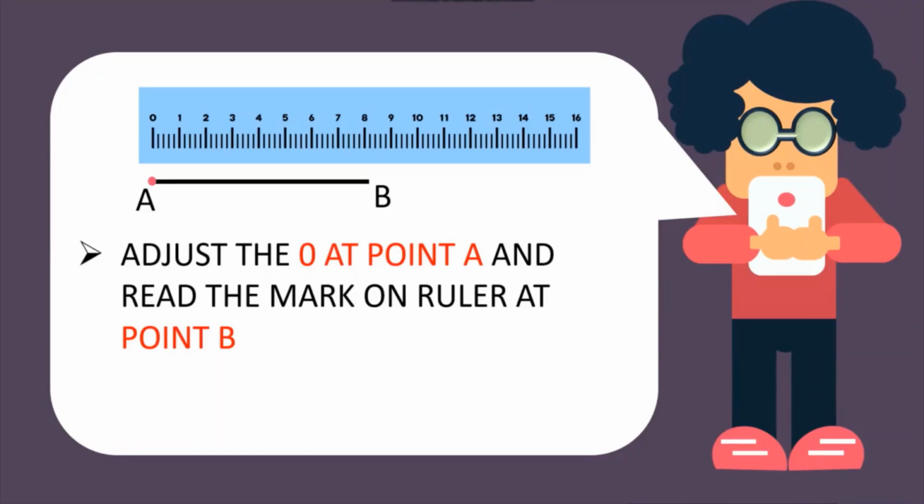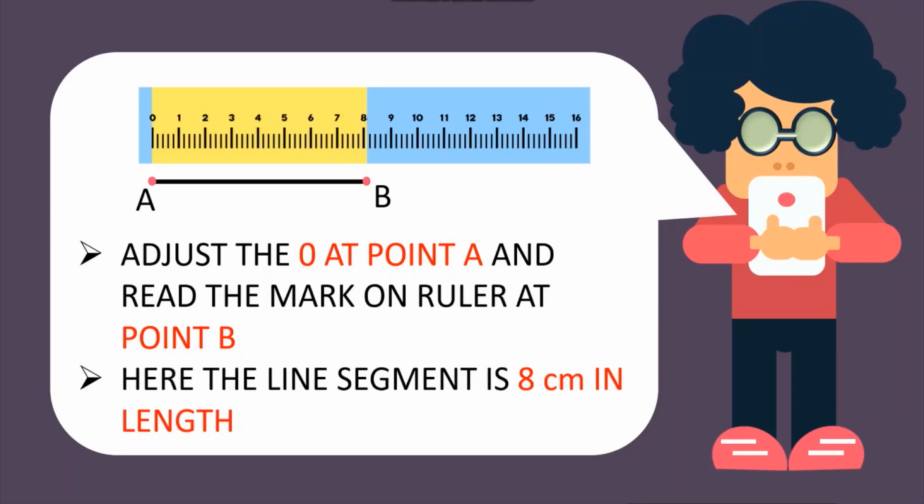Now adjust the 0 at point A and then read the mark on the ruler at point B. So we can see that the scale reading shows 8 centimeter. That means the line segment AB is equal to 8 centimeter. So this is how we measure a line segment.